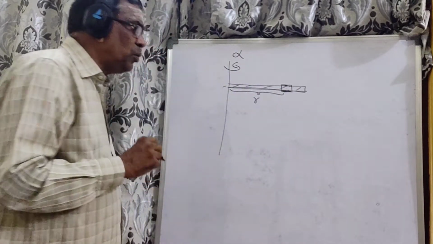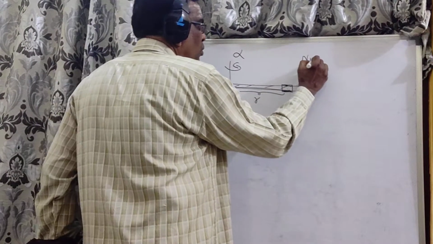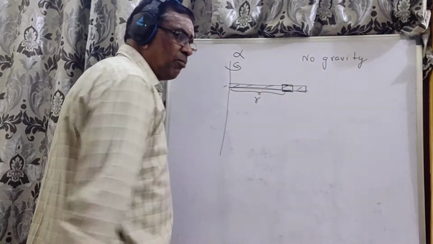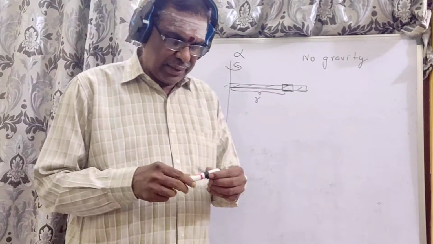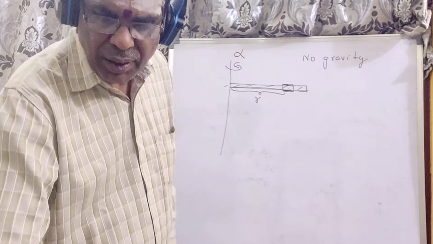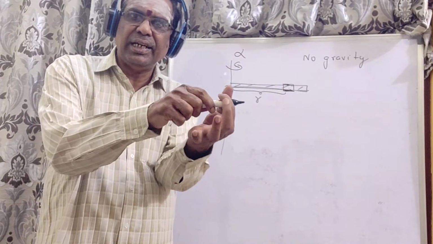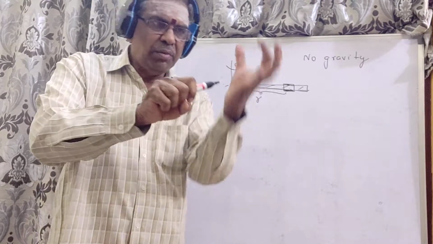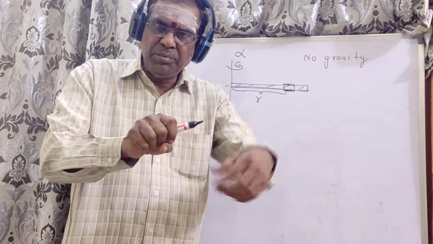This is subject to alpha. Now let me presume no gravity. No gravity. Now, it's a very interesting case. For example, I have placed this cylinder like this. Now, this is rotating. Remember, there is no mg. So there is no N in this because there is no mg.